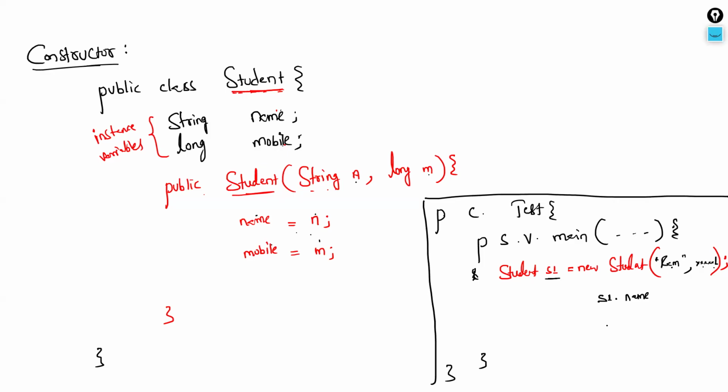Similarly, how to print mobile? s1.mobile. If you write these two lines in print syntax, System.out.println(s1.name), followed by System.out.println(s1.mobile). So we'll get the values that were assigned through the constructor, not directly. Are we giving values directly? No, we are assigning or initializing the values through the constructor, and those values we are accessing back for printing. Getting me?